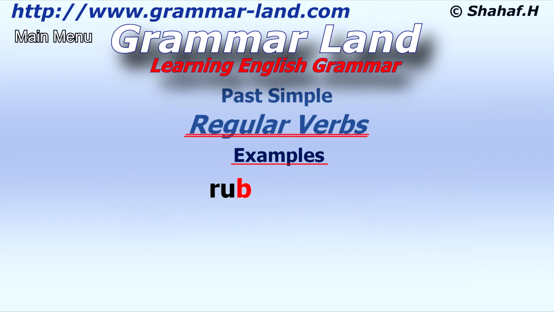The last letter, B, is not X or Y or W, so we repeat it, and add ed. This is how it looks, rub, rubbed. One more, the verb try, ends in y, preceded by the letter r, which is a consonant, therefore, we omit the y, and add ied in its place. Try. Tried.